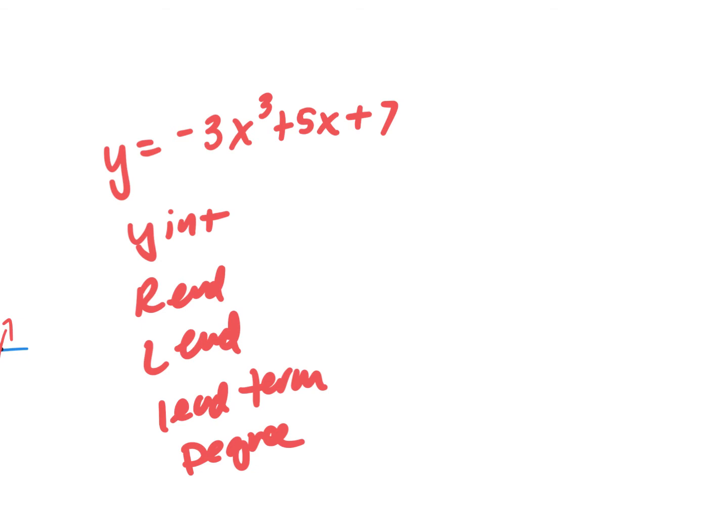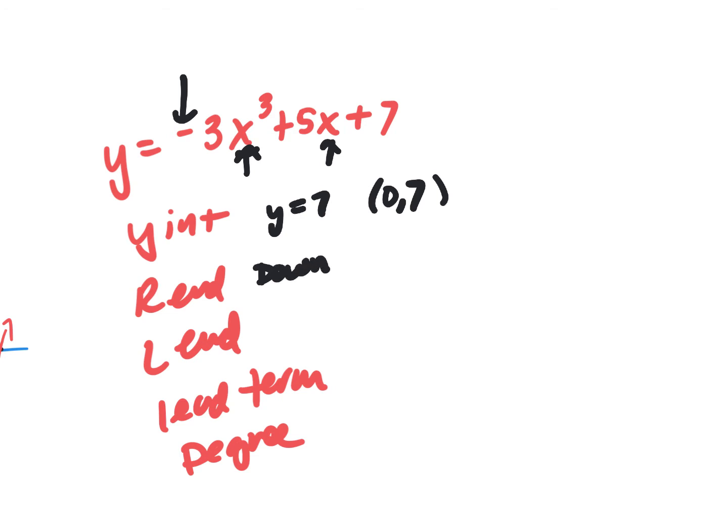Okay, the y-intercept is where x equals 0. So I put in a 0 here and a 0 here, and all of a sudden I've got y equals 7. If you want to write that as a point, the y-intercept is where x is 0, so (0, 7). The right end behavior, that's the key. If there's a negative in the front, it's going down on the right.